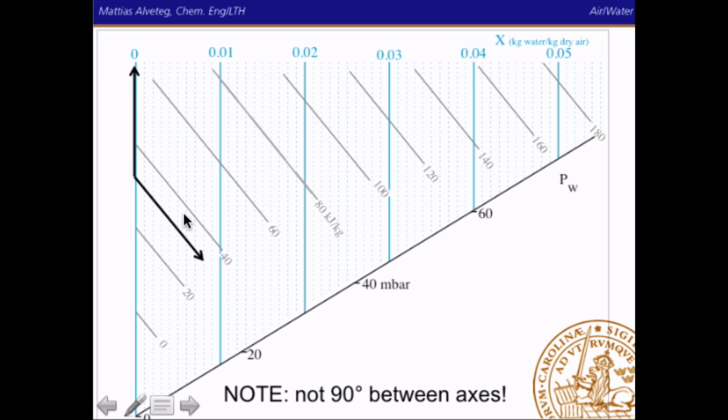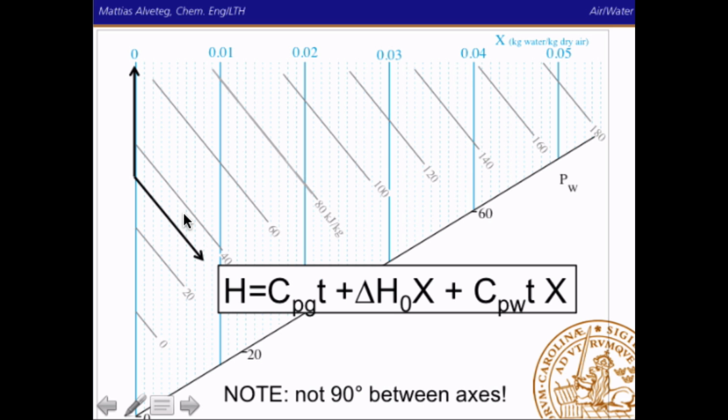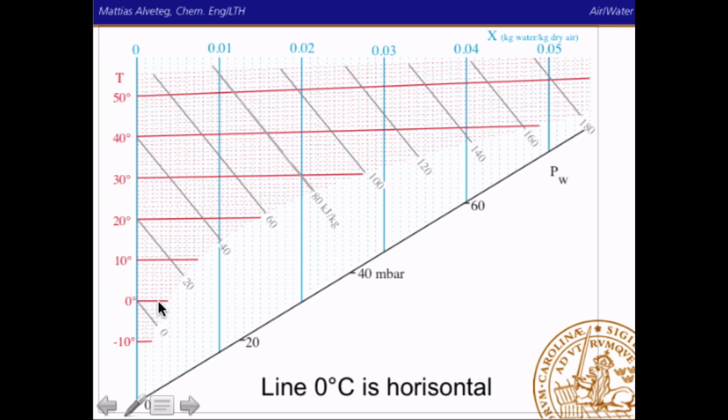And we actually choose to draw this slant in such a way that the line for 0 degrees Celsius becomes exactly horizontal. So we have this equation here, which relates composition, temperature, and enthalpy to each other. And we slant the enthalpy lines such that the 0 degrees line becomes horizontal. You can look here at the 50-degree line and see that that's not horizontal. It's slightly higher here than it's over here.